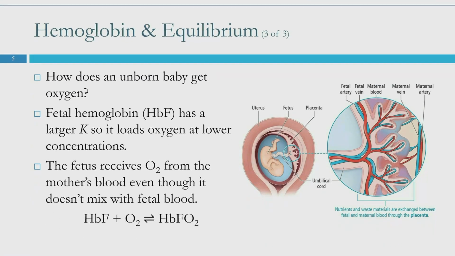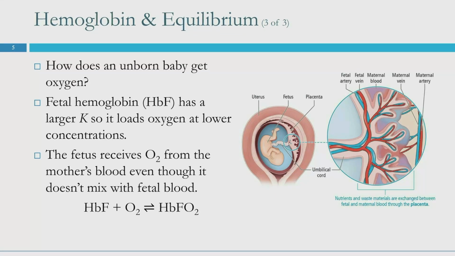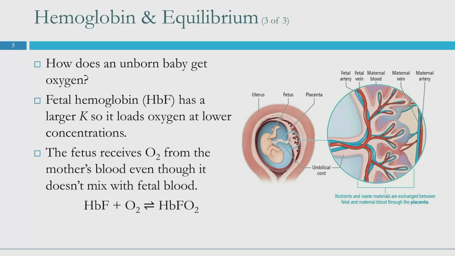This also works for fetuses. So if you have a small human being developing inside of you, they're connected with the umbilical cord, and they need to get oxygen as well. Obviously, they can't breathe oxygen because they're surrounded by embryonic fluid.